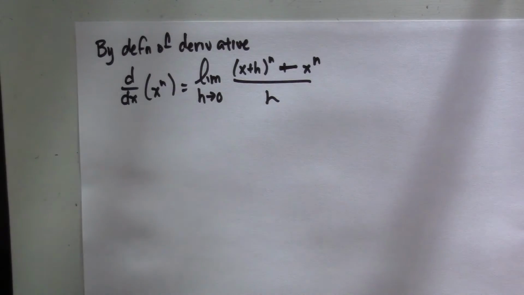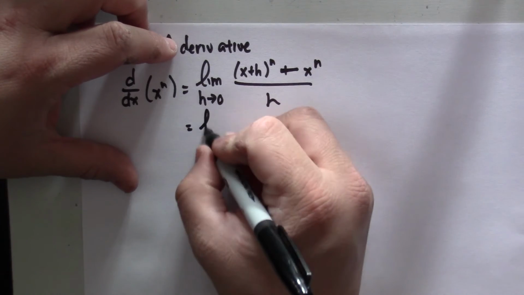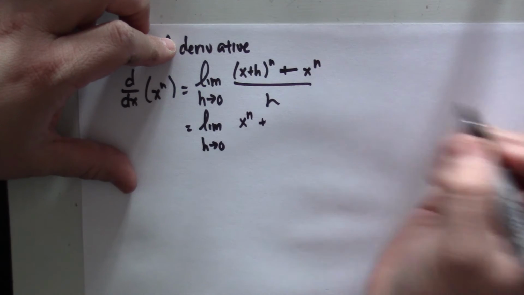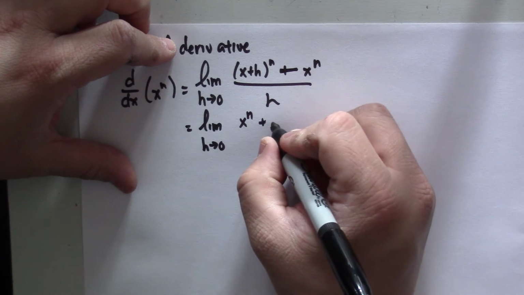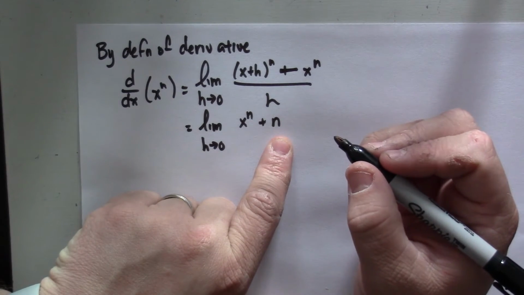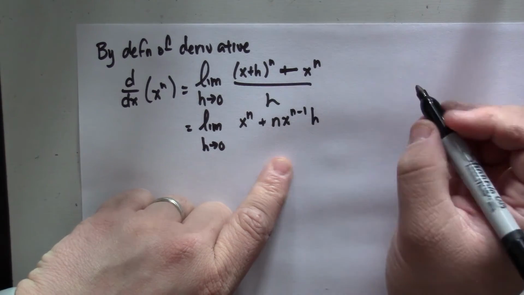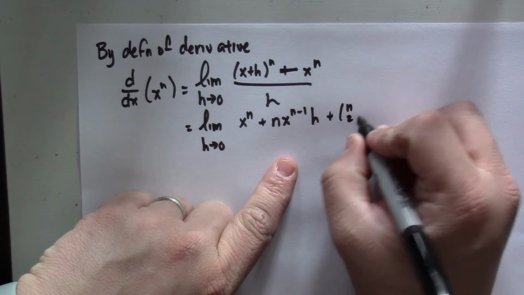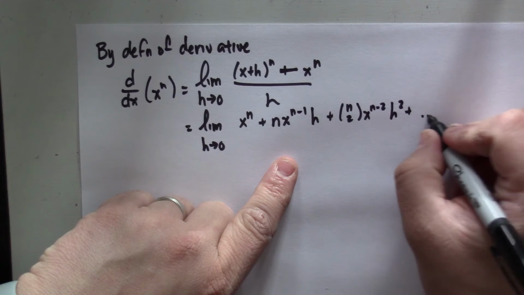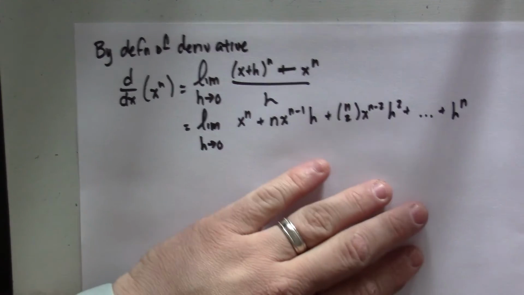Now, this is where the binomial theorem comes in. This expands, limit as h goes to 0, as x to the n plus n choose 1, which is n, x to the n minus 1 h, plus n choose 2, x to the n minus 2, h squared, plus, and it goes on forever, and somewhere along the way it stops at h to the n.